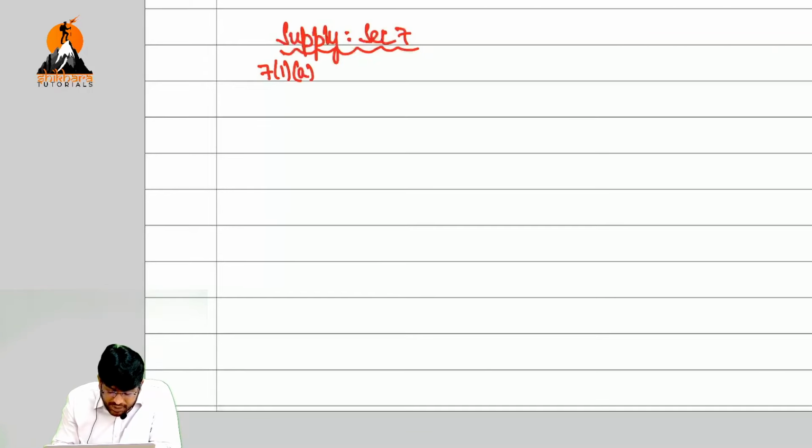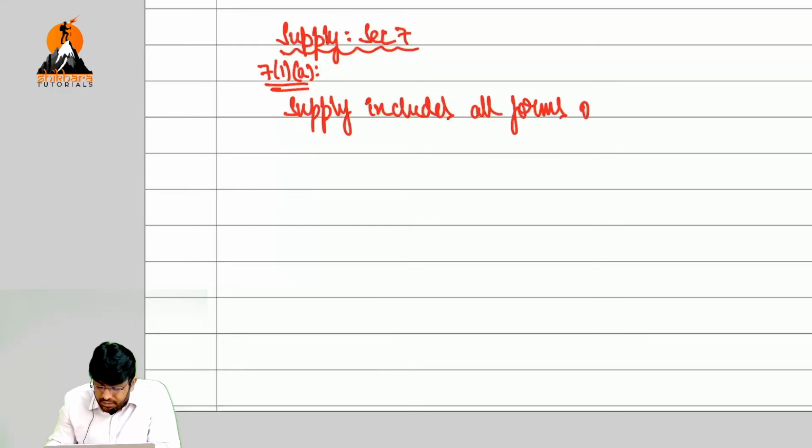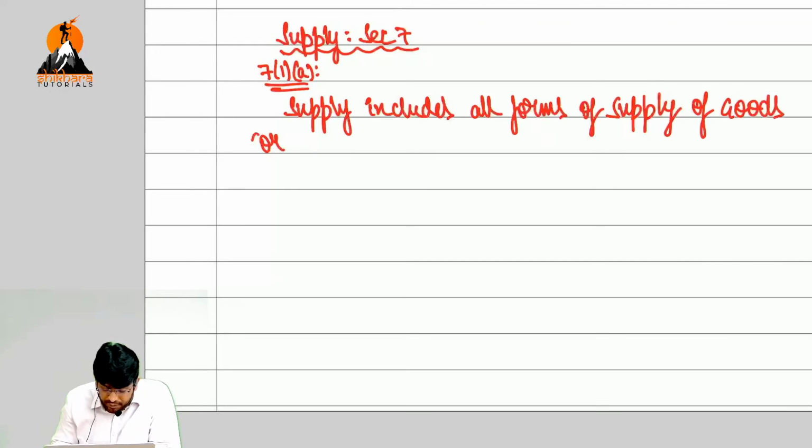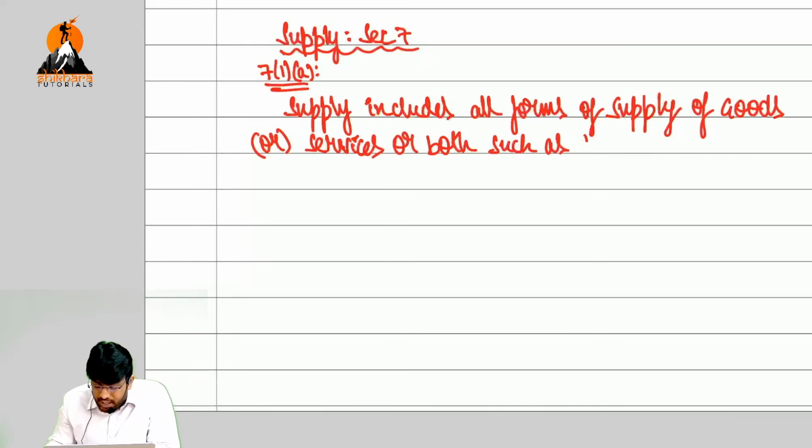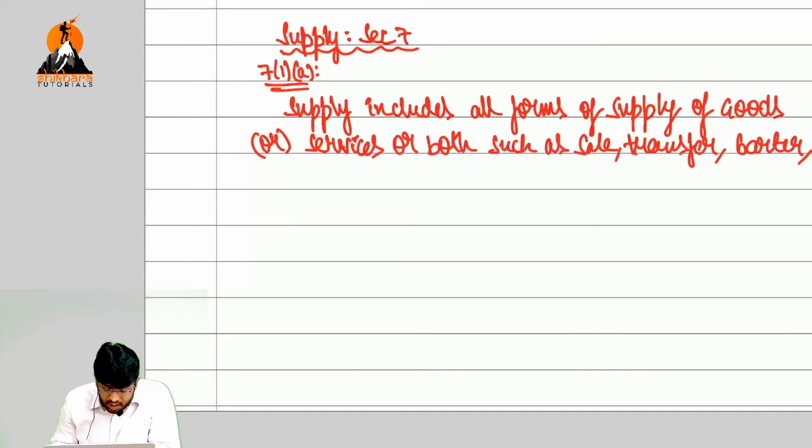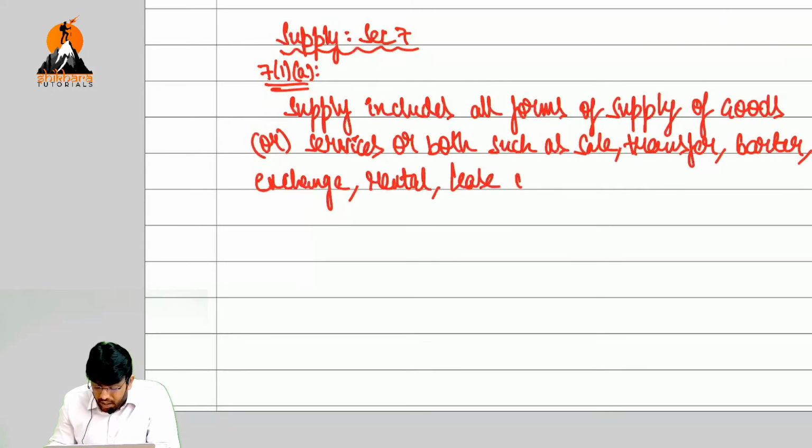Let me first talk about 7(1)(a), which says supply includes all forms of supply of goods or services or both, such as sale, transfer, barter, exchange, rental, lease, or license, or disposal.